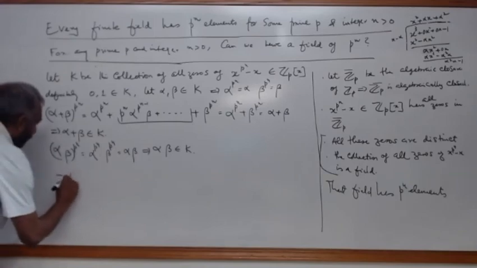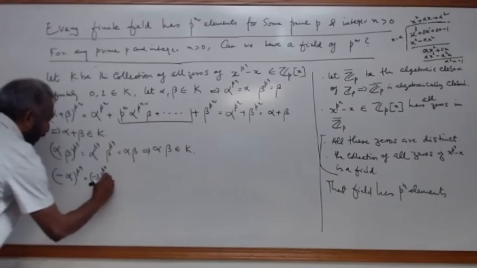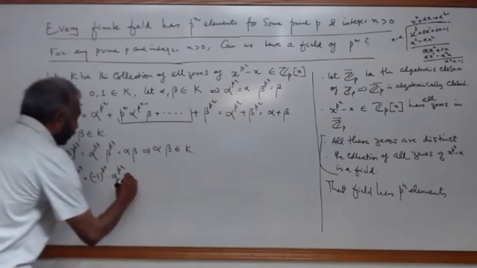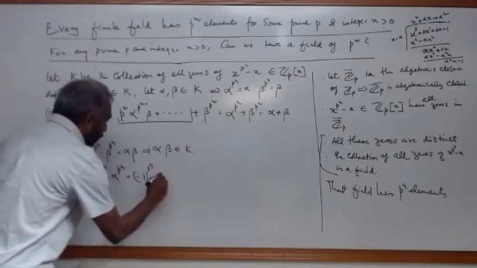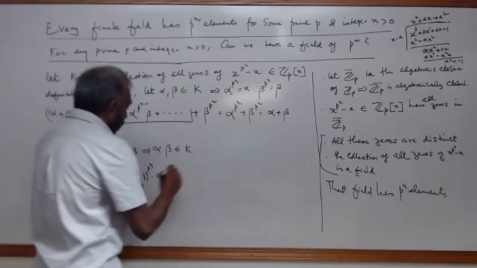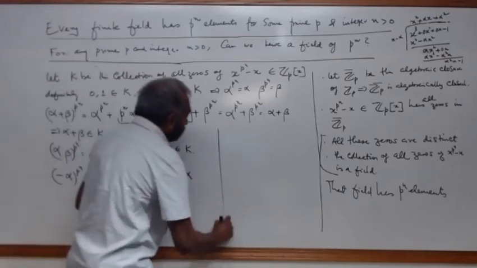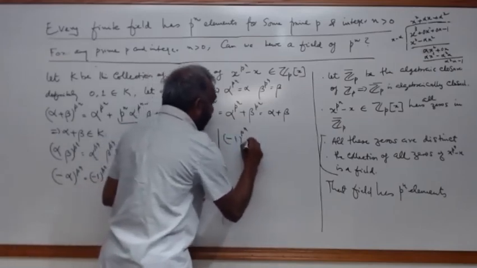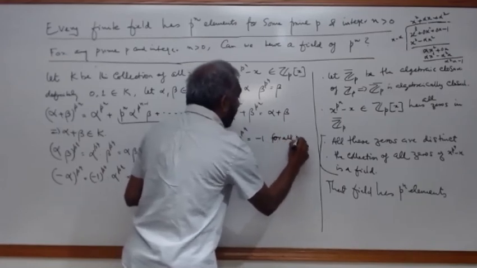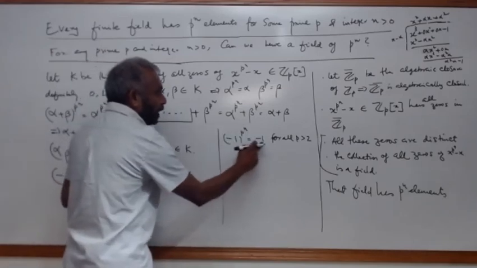Now minus alpha to the power of p to the power of n is equal to minus 1 to the power of p to the power of n times alpha to the power of p to the power of n. That is equal to minus 1 to the power of p to the power of n times alpha. Now, this is equal to minus alpha because minus 1 whole to the power of p to the power of n is equal to minus 1 for all p greater than 2, because this is an odd number, so this will become minus 1.